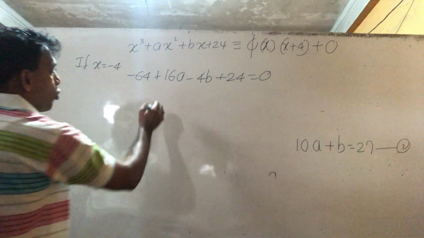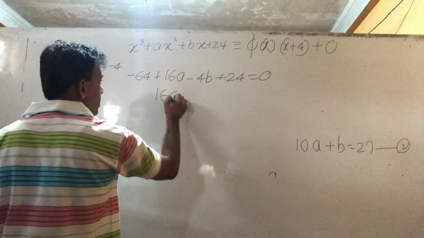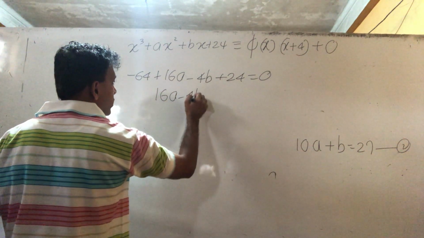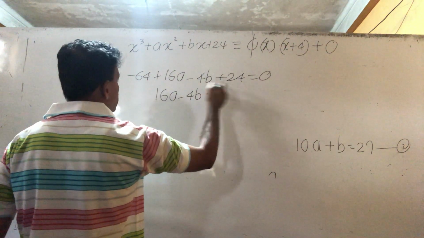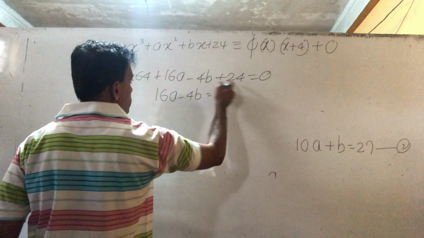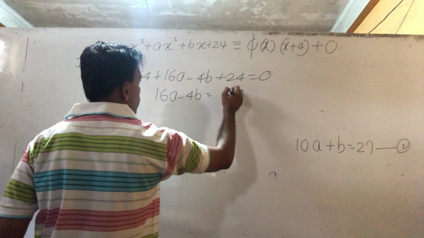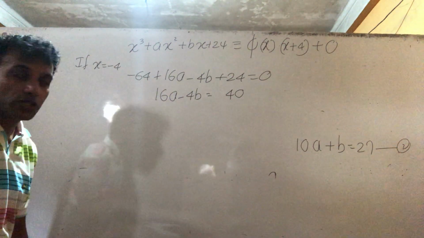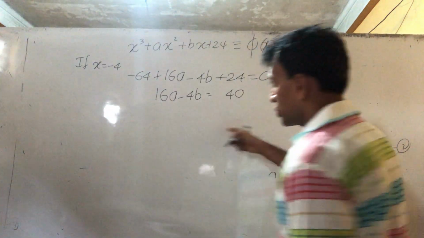So rearrange the form: 16a minus 4b equals, take that side, positive, no? Plus here 0. 40, is it? 40. You can write the first equation, cut by 4.